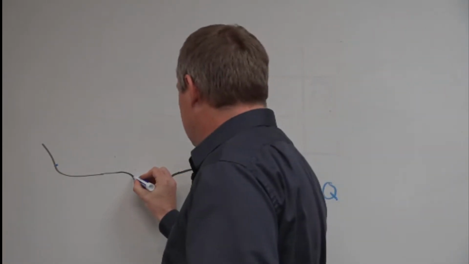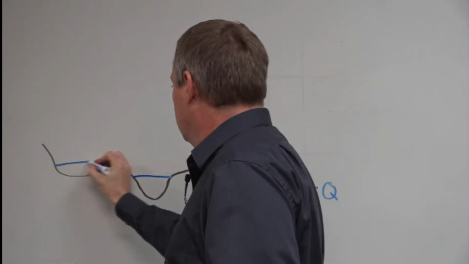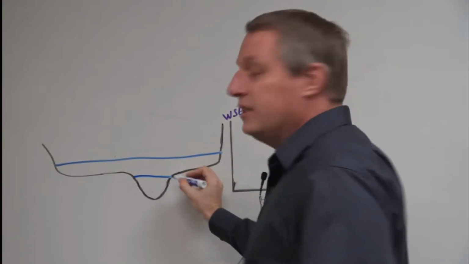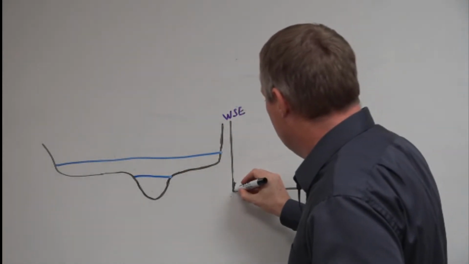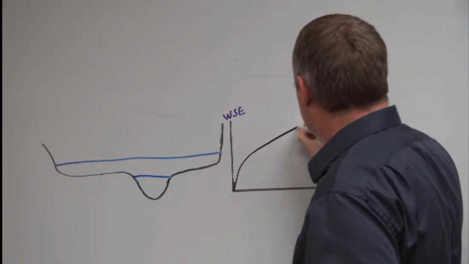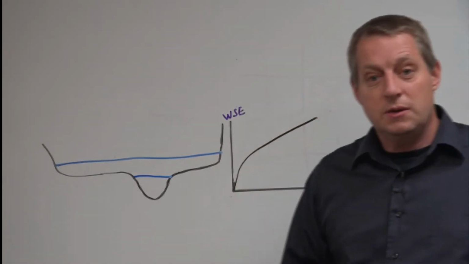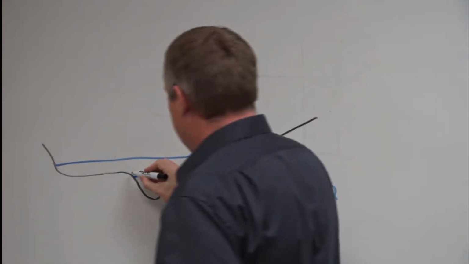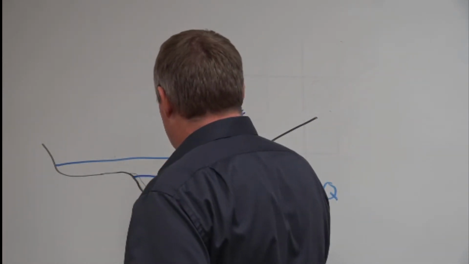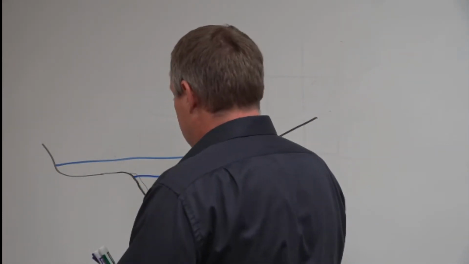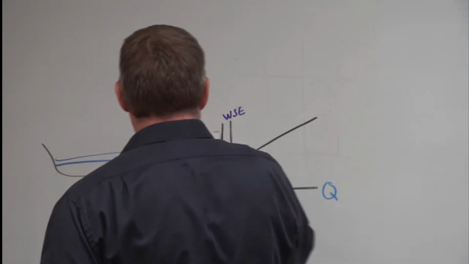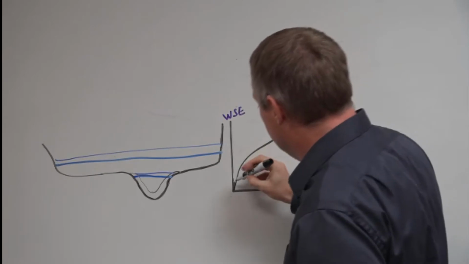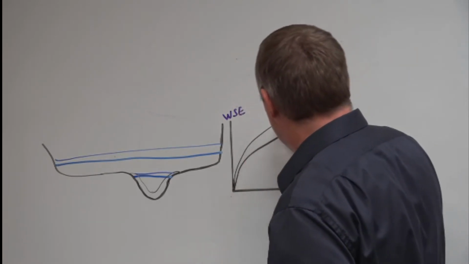The idea is that at different flows, you're going to get different stages. There's usually an inflection point at the bank, but your stage discharge curve usually looks something like that. And so you could imagine if you get deposition in your channel, these stages will be higher, and your stage discharge curve will increase.